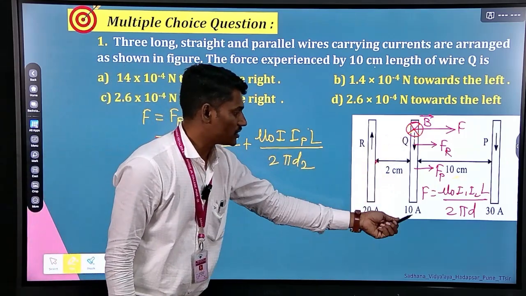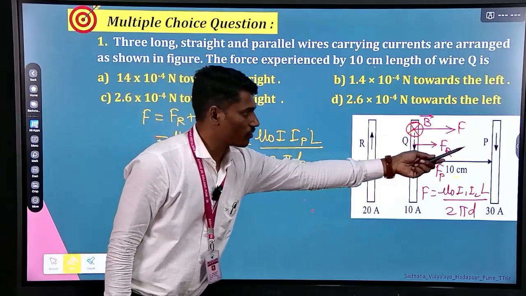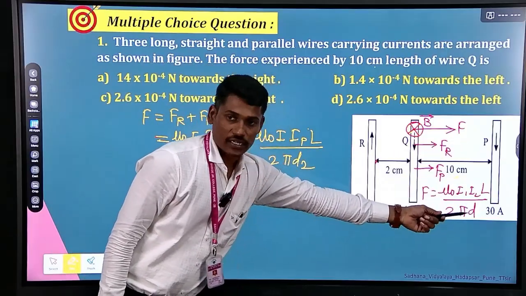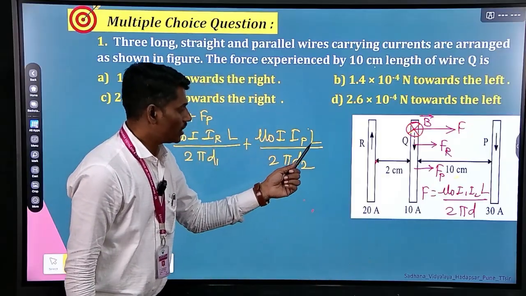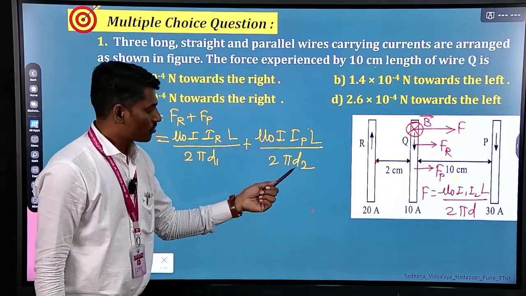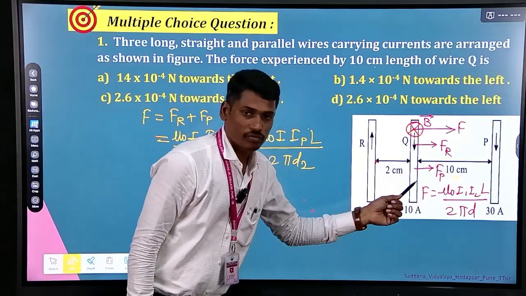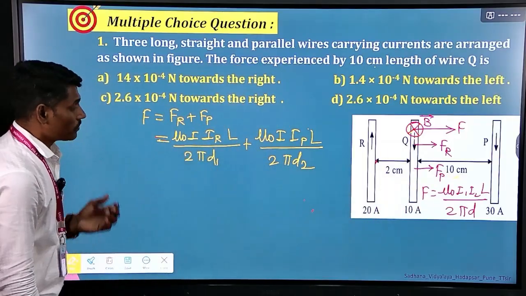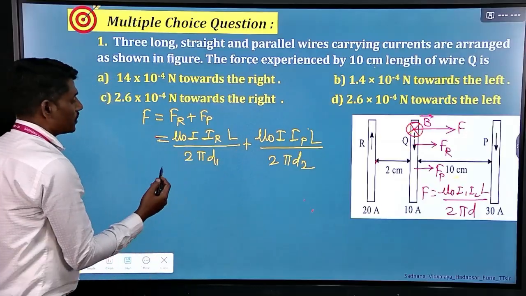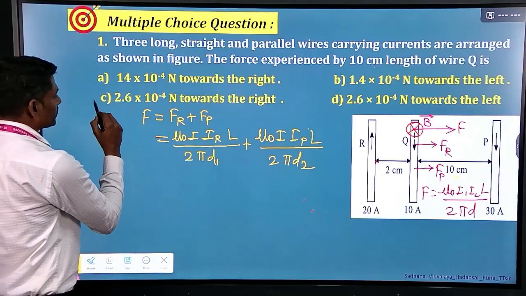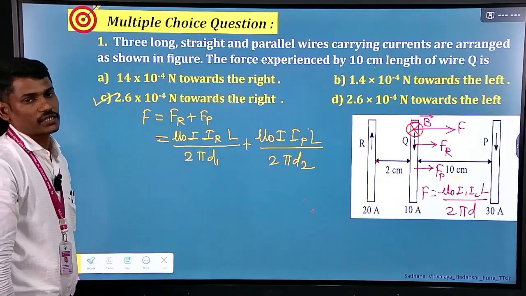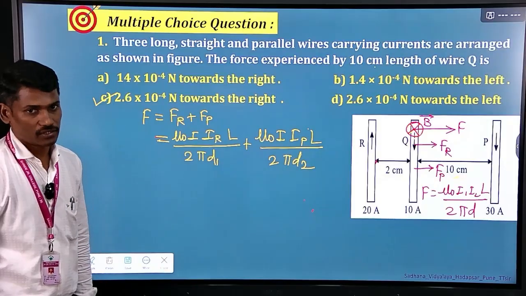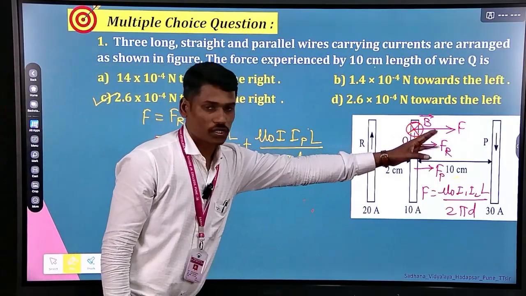This current I is 10 ampere. I P is the current flowing through the wire P, that is 30 ampere. Now, the length is the same again. Now, what is d2? d2 is the distance between these two conductors. Now, by putting all this given, we get the answer is C, that means 2.6 into 10 raised to minus 4 Newton, and that force is towards the right.